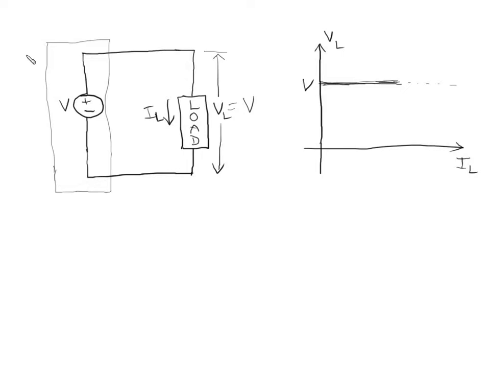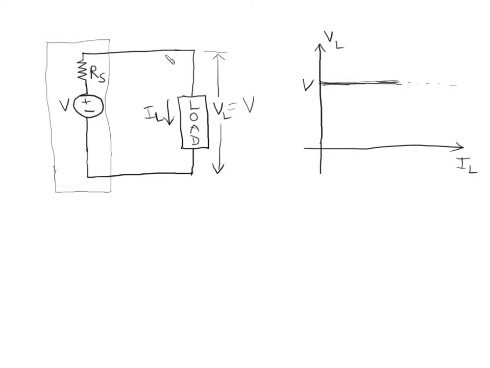But a practical voltage source has some differences compared to this ideal situation. One significant difference is that a practical voltage source will have its own intrinsic series resistance. I'm showing this series resistance here. Now what would be the effect of this?